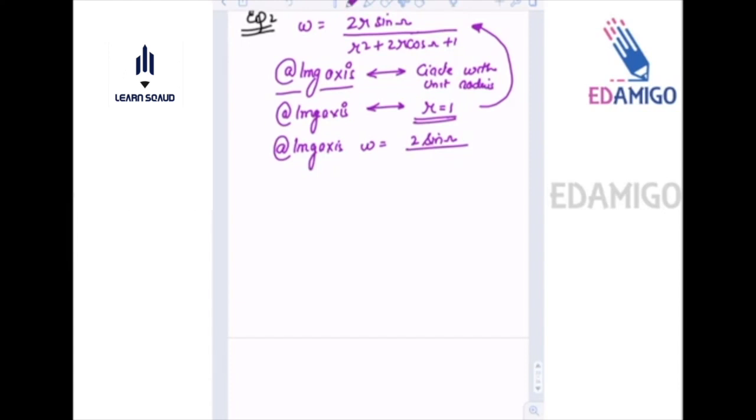So the denominator here will be 1 plus 2 cos sigma plus 1.